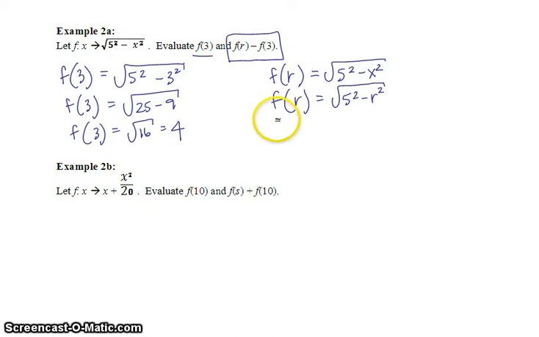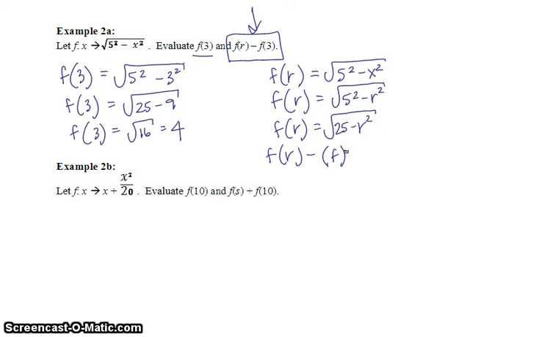We can clean that up a little bit, and we can say f of r equals 25 minus r squared. Without knowing what r is, that's all the further we can go with that. But they want us to do f of r minus f of 3.